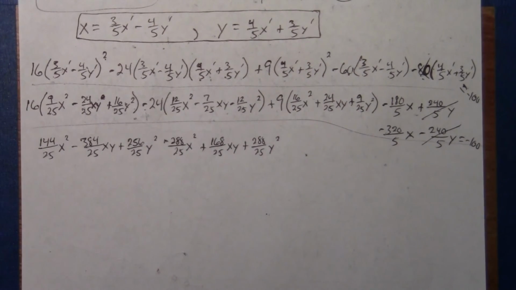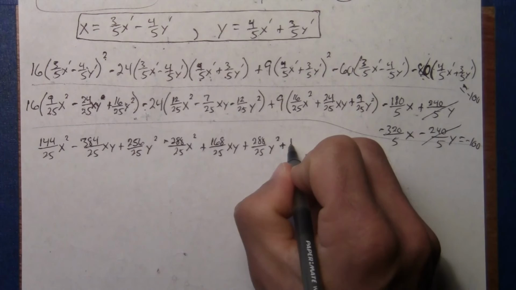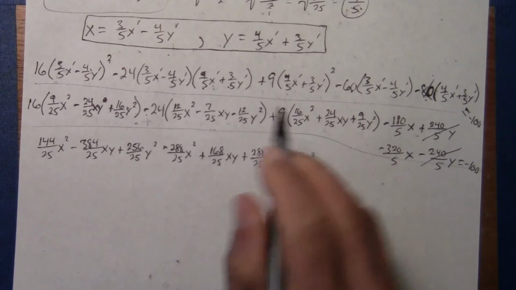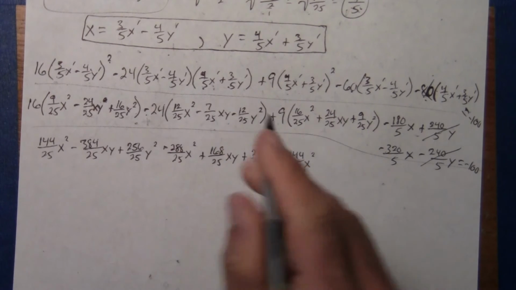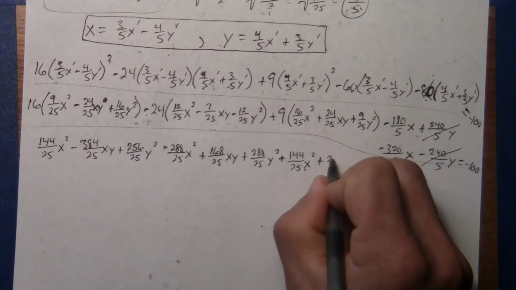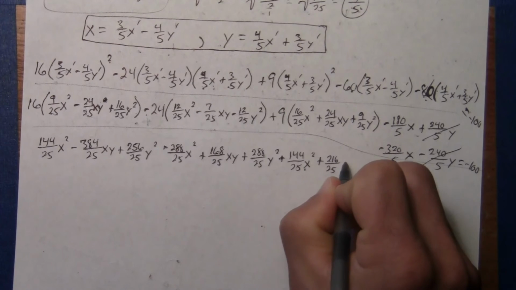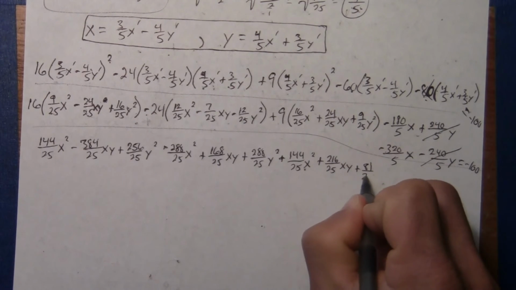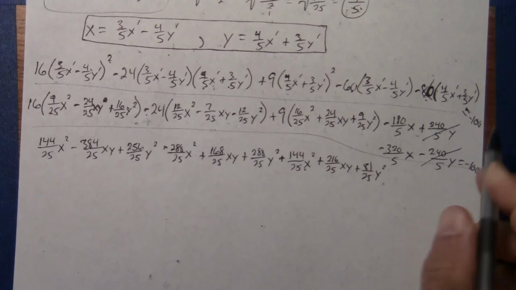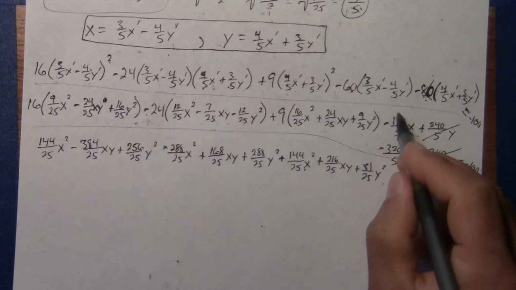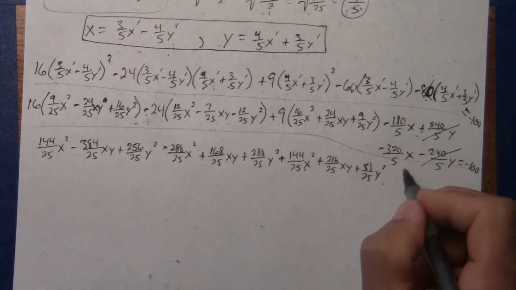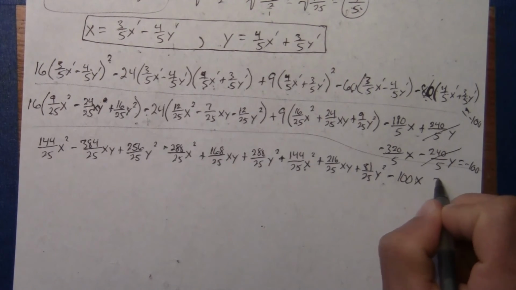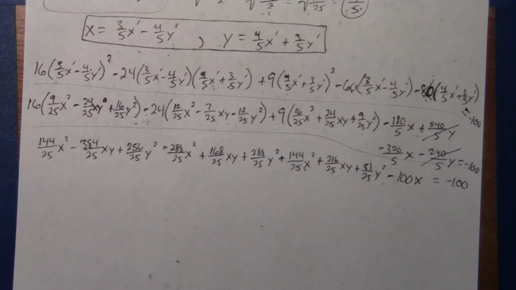Distributing the 9, 9 times 16 should give you 144 over 25 x squared. 24 times 9 should end up giving you 216 over 25 xy, and positive 81 over 25 y squared. We already canceled these, and if I subtract them I get negative 500 over 5, or I'll just say negative 100 x is equal to negative 100.